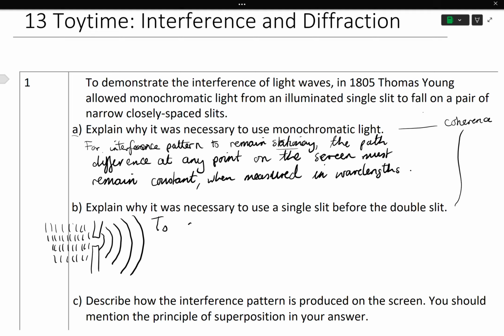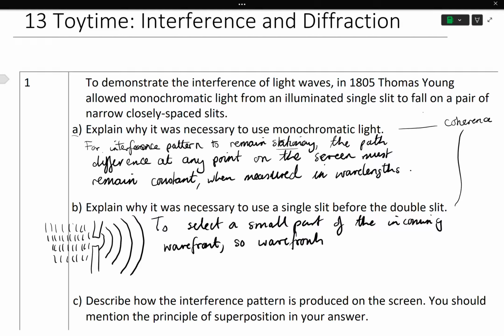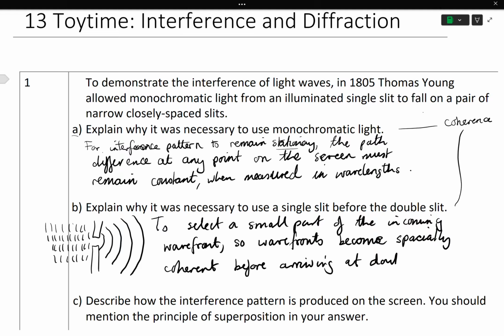So I think that's probably a good answer: to select a small part of the incoming wave front, so wave fronts become spatially coherent before arriving at the double slit.